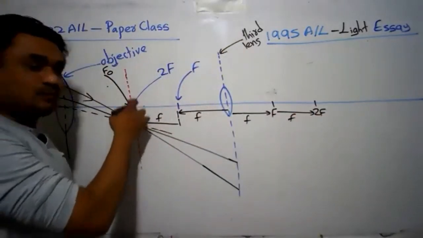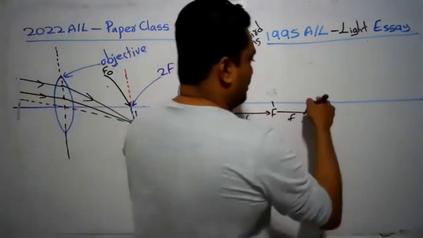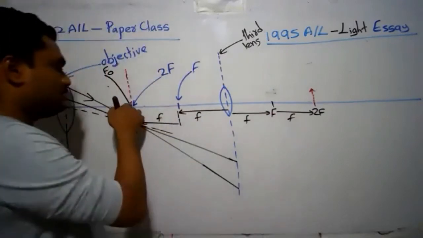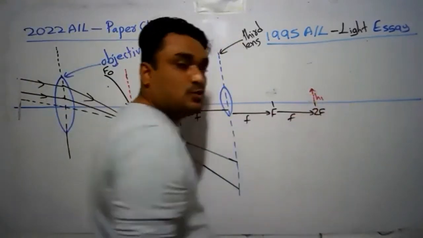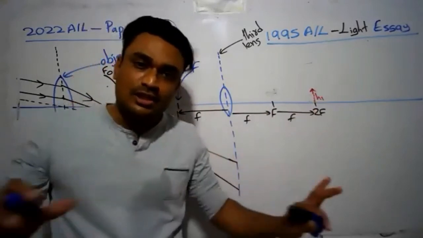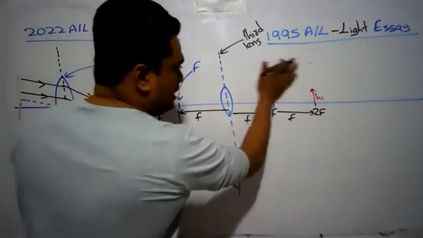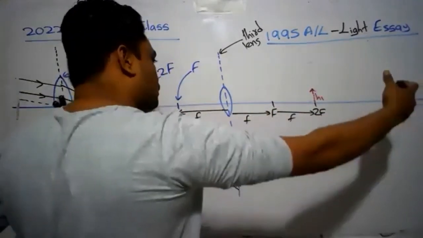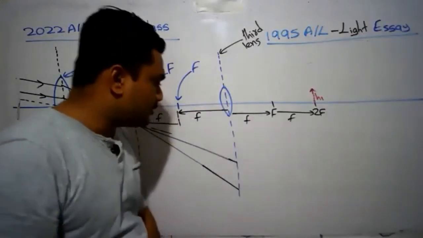When an object is placed on 2f, its image will be formed on the other 2f. The magic is if the height of this one is h1, the height of the image will also be h1. There is no change in the height. Now we have inverted, and now we are able to keep the distance between the two lenses in the shortest possible size, right?